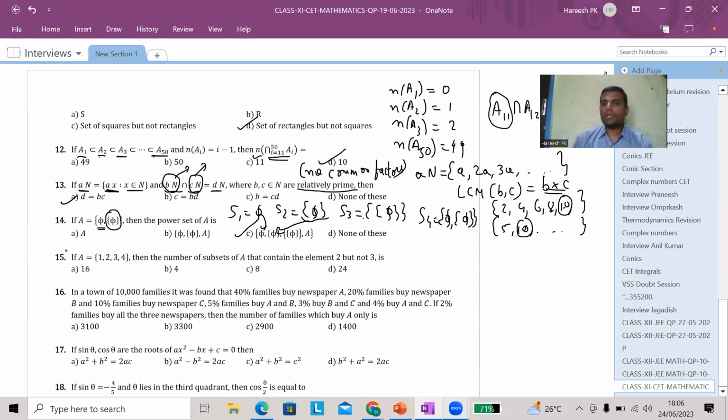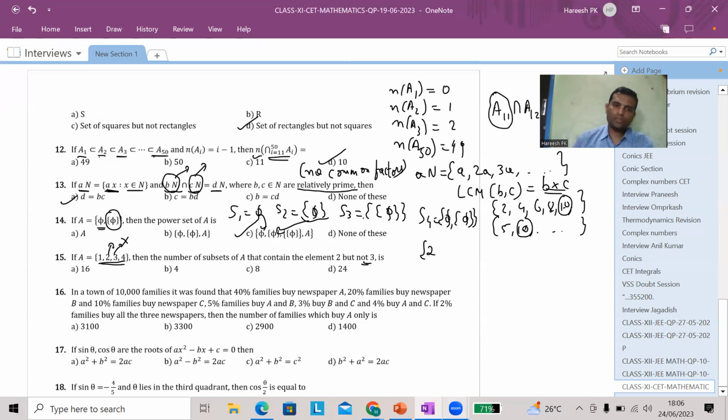Now let's go to the 15th question. Set A has elements 1, 2, 3, 4. Number of subsets that contains 2. For 2, first you have to fix it up. But it does not contain 3. So if it should not contain 3, this is to be taken and this is to be eliminated.